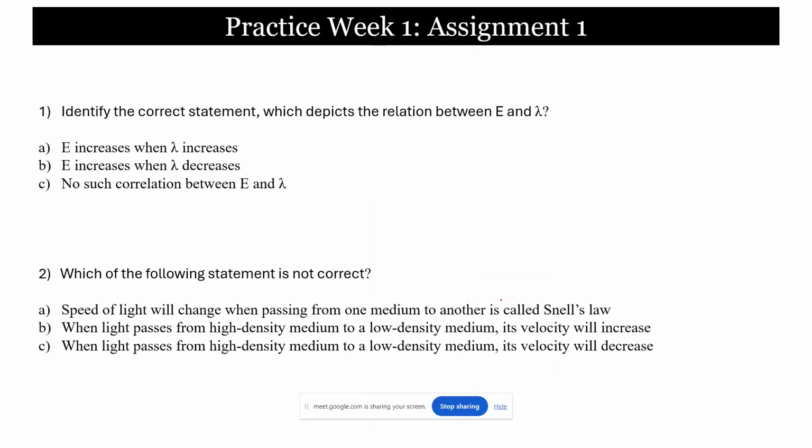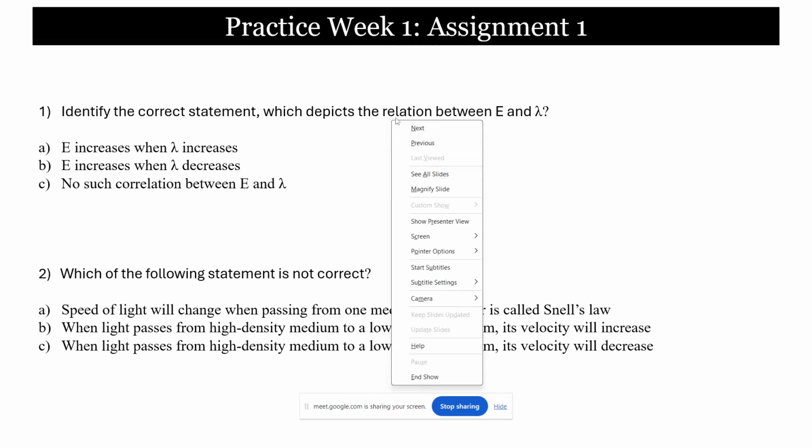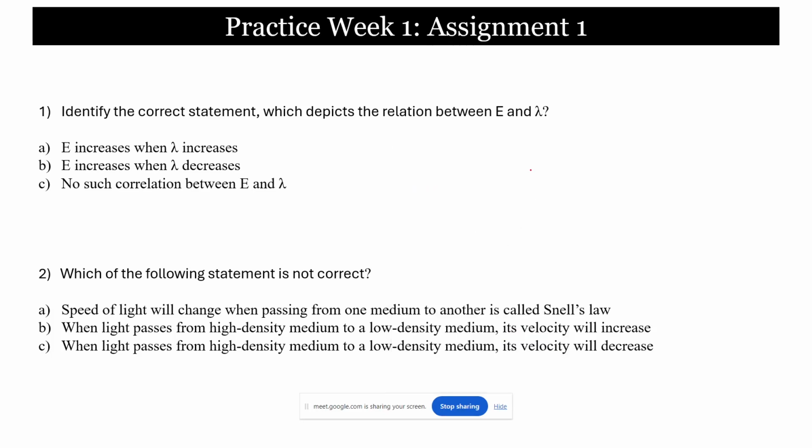For the practice questions of week 1 assignment 1, the first is to identify the correct statement which depicts the relation between E and lambda. We have all known from our study that E is equal to h nu, and nu comes from c is equal to nu lambda.